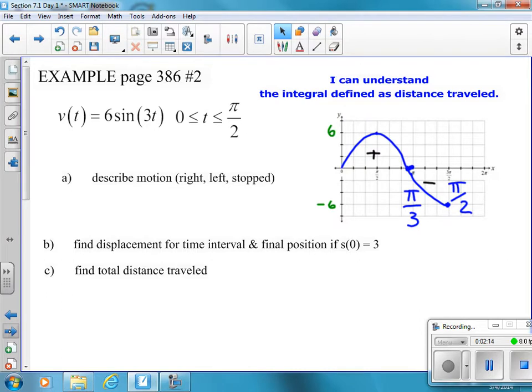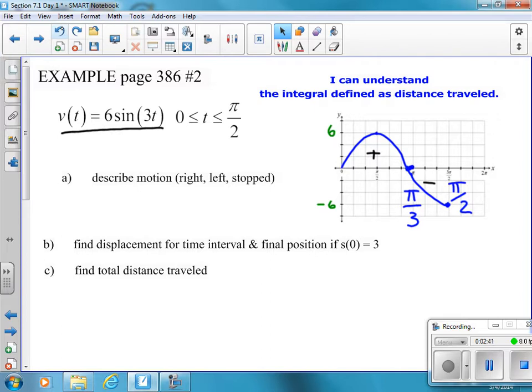It says describe the motion of this function, 6 sine 3t. I've graphed it over here. The velocity is above the x-axis until t equals pi over 3, and then it goes down to -6 at pi over 2.